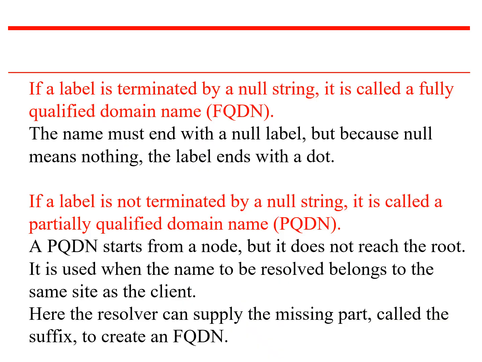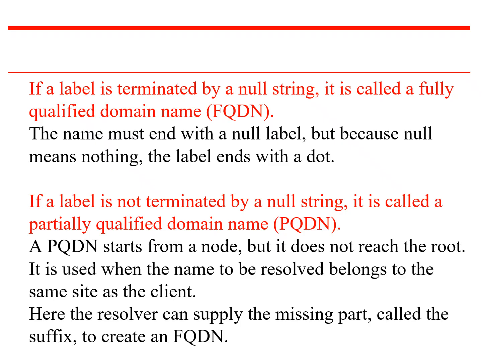Once you understand that, you should be able to identify what a fully qualified domain name is and what a partially qualified domain name is. If a name is terminated by a null string, it is called a fully qualified domain name.